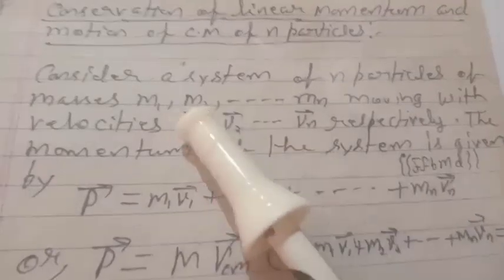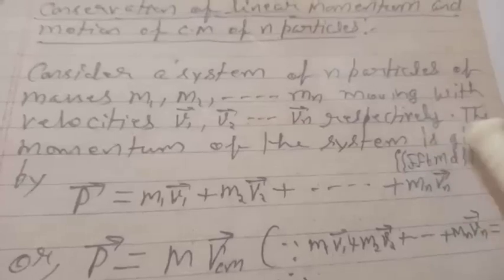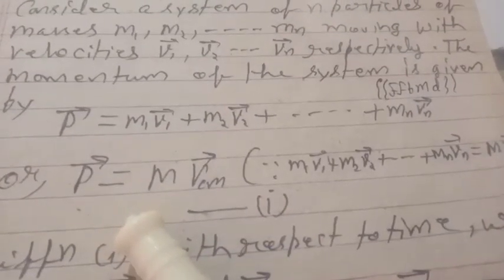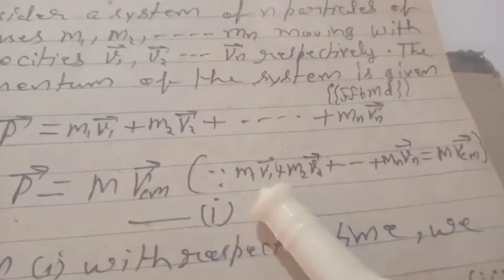Now, conservation of linear momentum and motion of center of mass of n particles. Consider a system of n particles of masses m1, m2, ... mn moving with velocities v1, v2, ... vn respectively. The momentum of the system is given by P vector equals m1 v1 plus m2 v2 plus ... mn vn, or P vector equals M into V_CM, since m1 v1 plus m2 v2 plus ... mn vn equals M into V_CM, as we have calculated earlier.